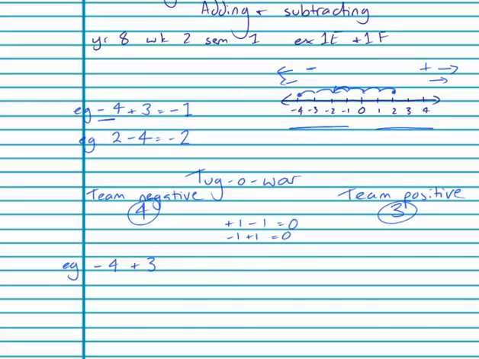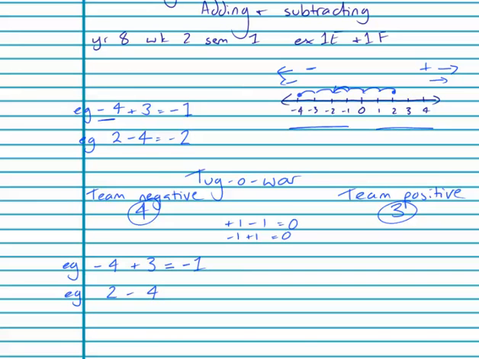Team positive have 3 people. The team with the most people is going to win. So the first thing you always ask yourself is just which team is going to win. Team negative is going to win, and by how many people. They're only one person over. -4 plus 3 gives me -1.